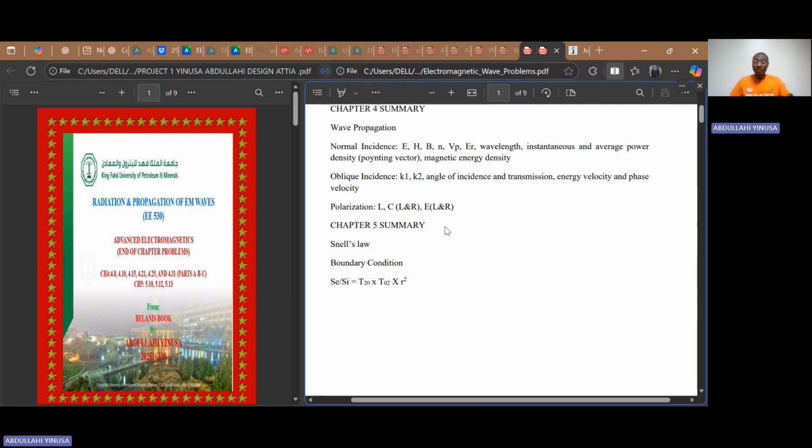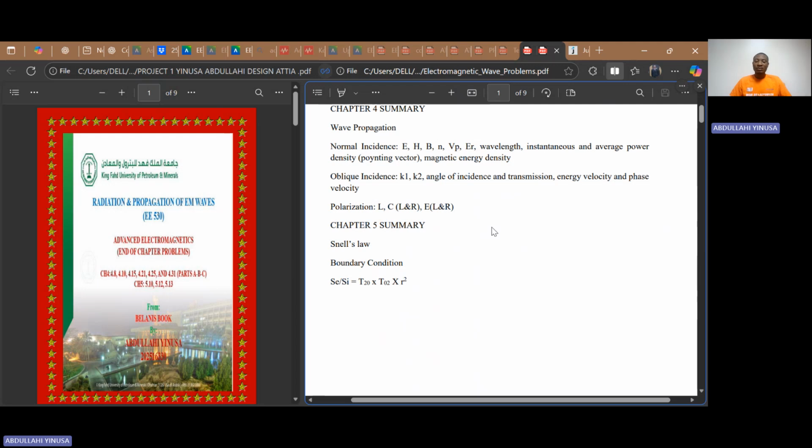Most of the time it is usually 45 degrees, that is lambda by 4 phase difference. If the x-axis is leading by lambda by 4, definitely it is going to be right-hand elliptical polarization. However, if the y-axis is leading by lambda by 4, even by 90, lambda by 2, it is going to be left-hand elliptical.